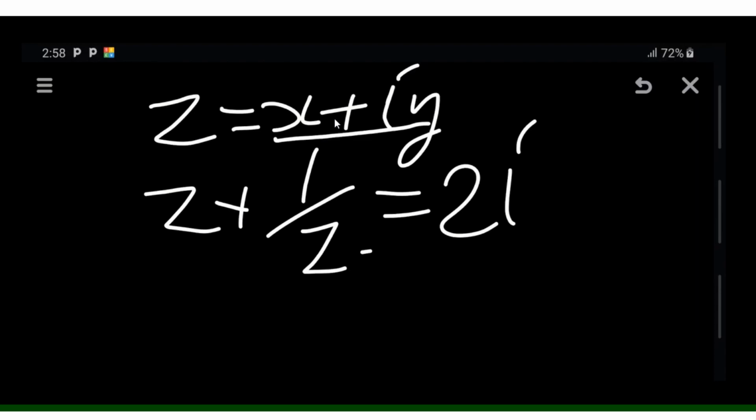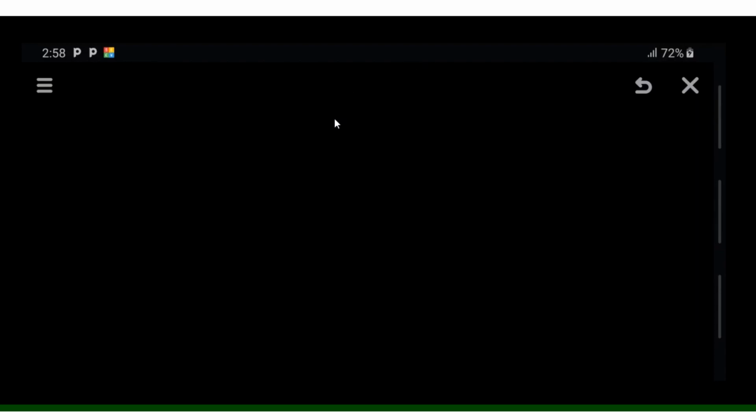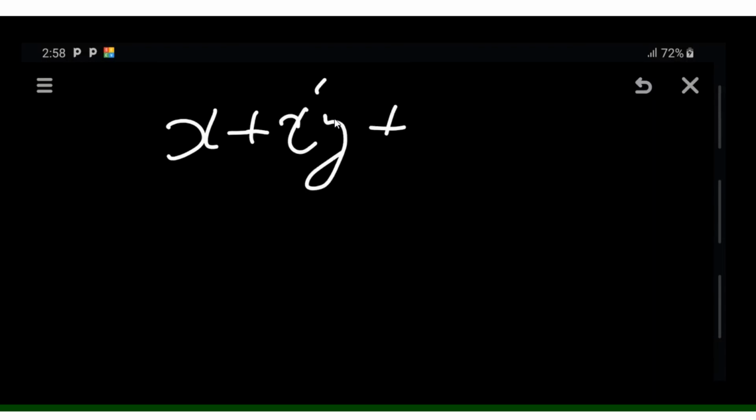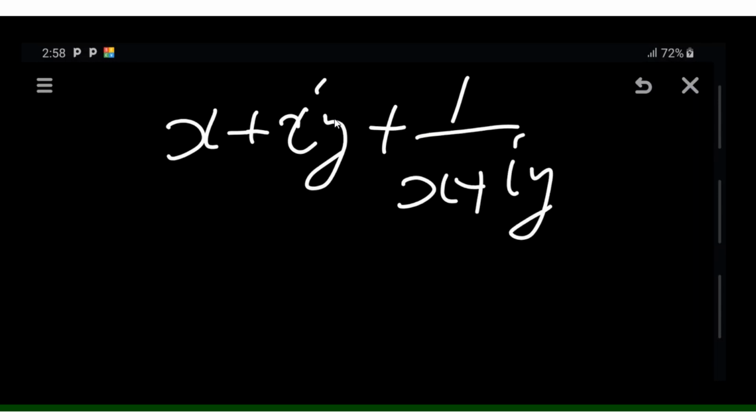So let me rewrite it. I'll rewrite it in this way: x plus iy plus 1 over x plus iy is equal to 2i.